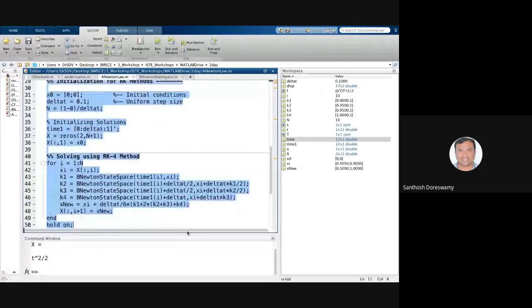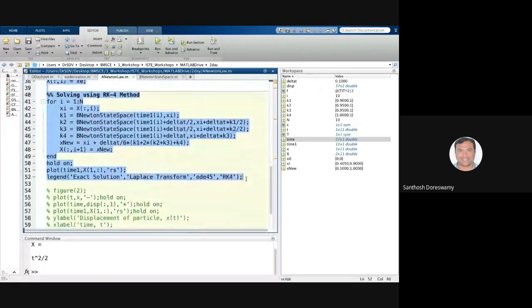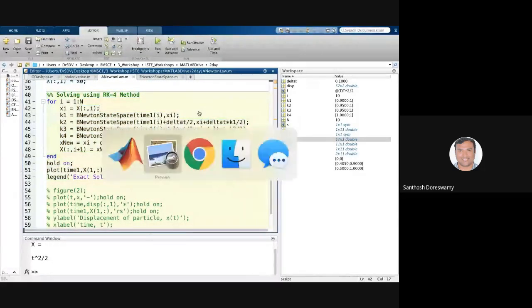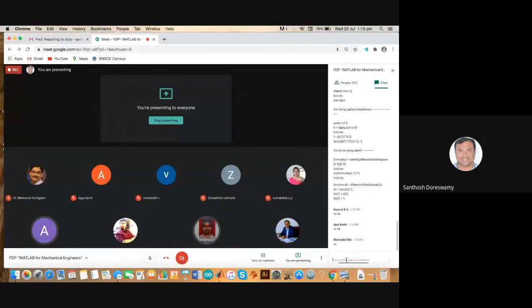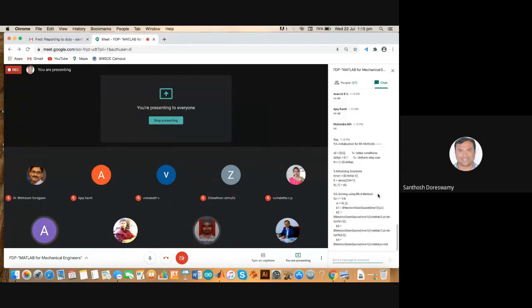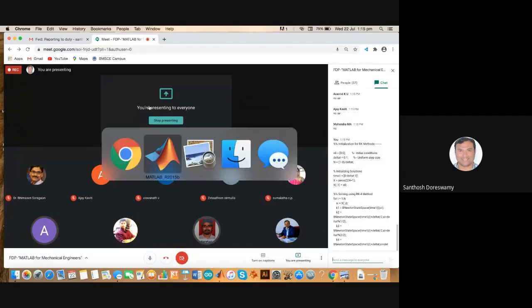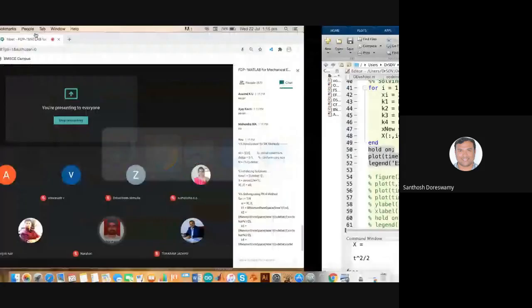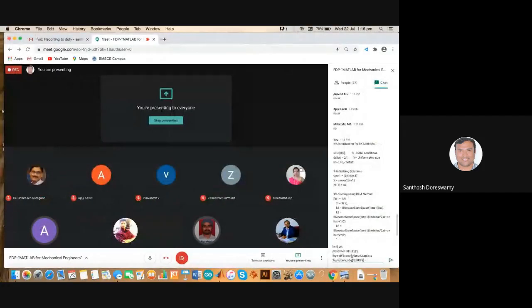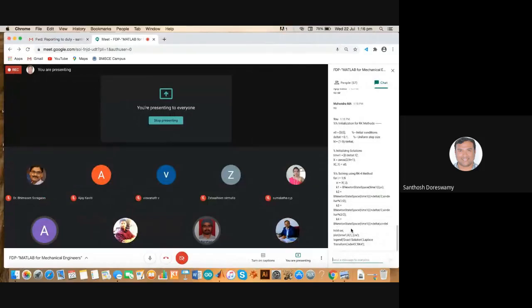So here is the code that I have here. Okay, I'll try to paste that code. All right. Okay, here it comes. That's the code for RK4. And I have to also give you the plot command, which is also there. All right.